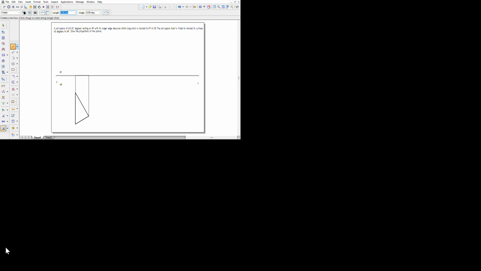Let's name this as A, B, C, this as A dash, C dash because C dash is now visible, and this as B dash.